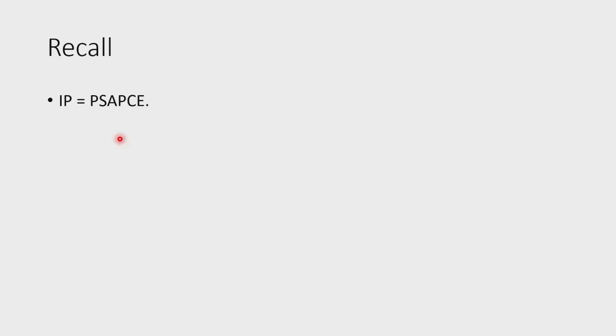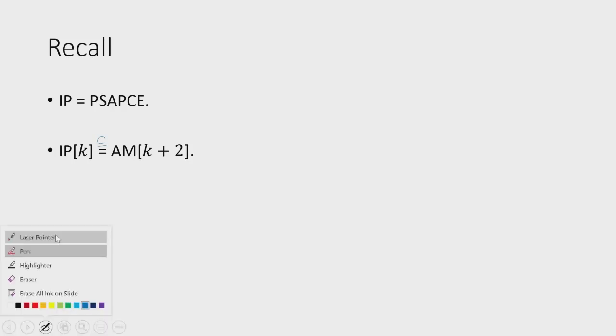We also saw two important results. The first one was that IP equals PSPACE, and the second one was that IP[k] contains AM[k], and is contained in AM[k+2]. It's clear that IP[k] contains AM[k], but it's not clear whether IP[k] is contained in some AM.